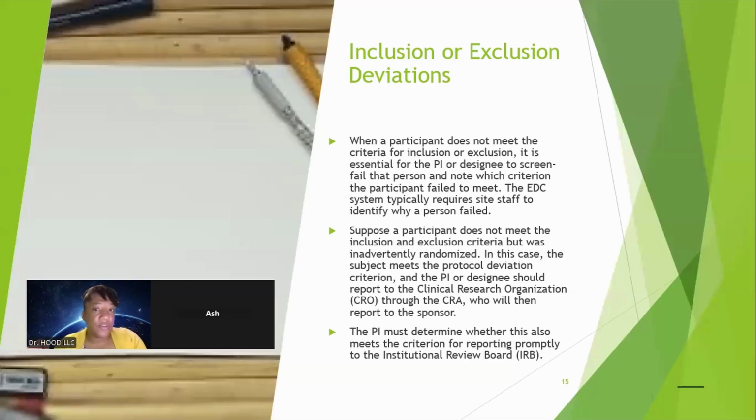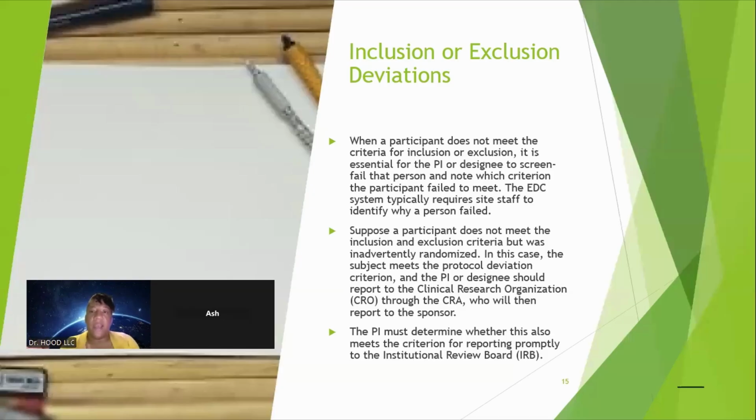Is this one of those sites that don't chart on time? You have some sites that just don't chart on time. You can be on visit 3 and they haven't even put the randomization visit into the EDC system yet. So you have to investigate.